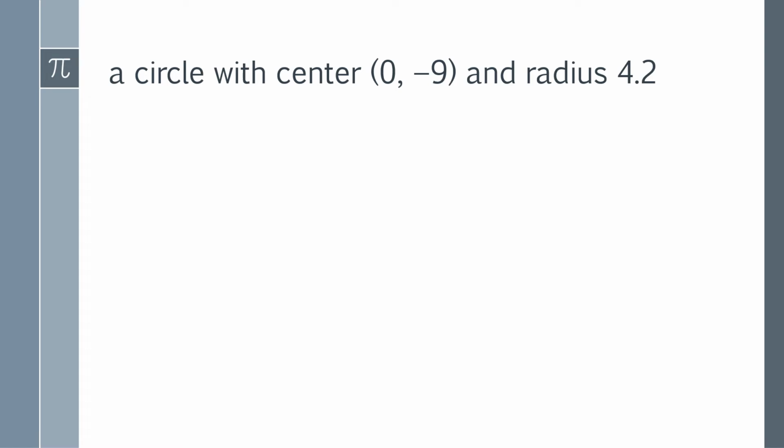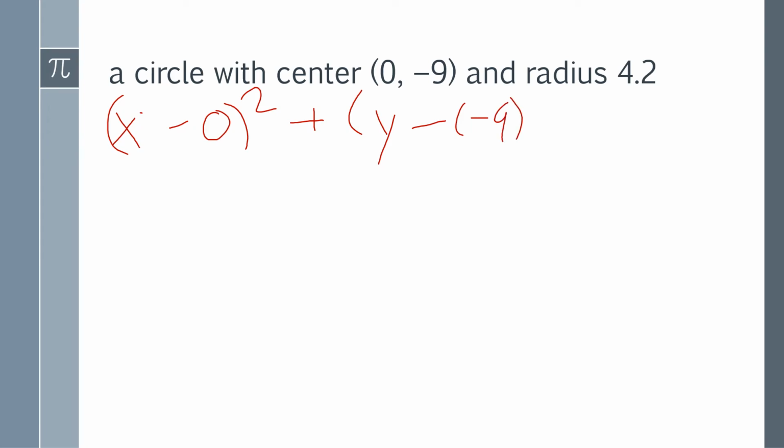So x minus 0 squared plus y minus a negative 9, of course, squared equals 4.2.